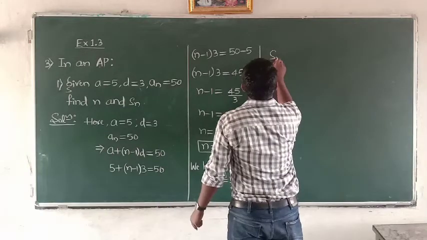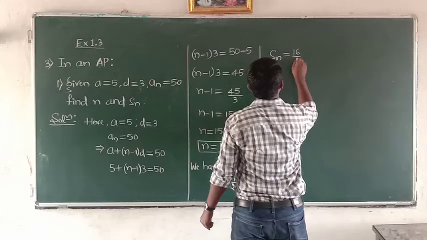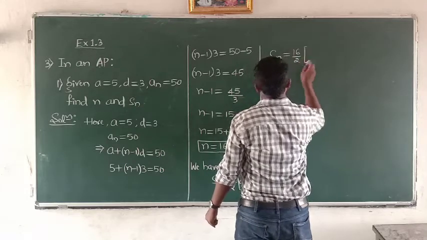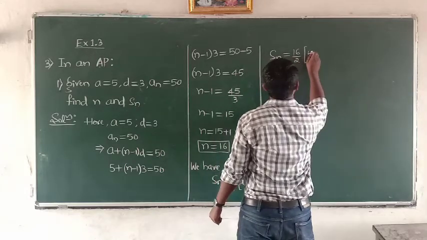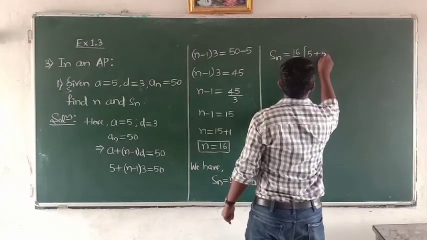Now Sn is equal to 16 divided by 2, inside the bracket A plus An. A is 5 plus An is 50.